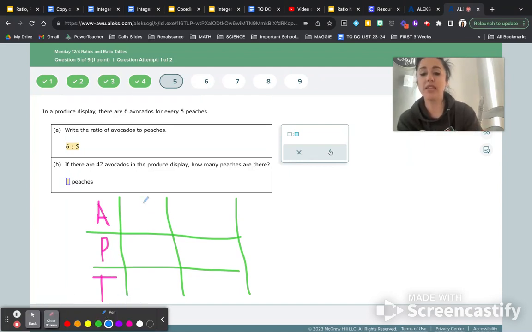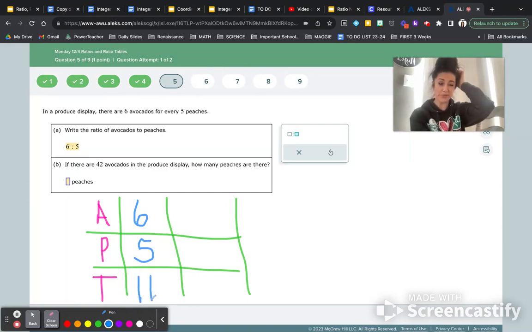Okay, so if I had 6 avocados and I have 5 peaches, then I know I have 11 total pieces of produce, right? All together. So now they're saying, whoa.